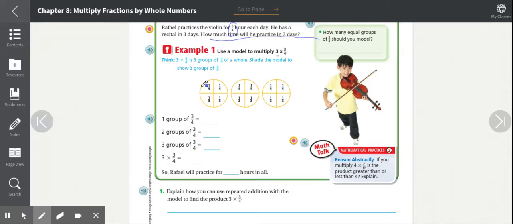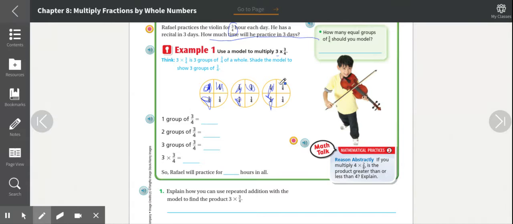So here would be day 1, day 2, and day 3. So let's shade in. On day 1, he could practice 3/4. Your shading might look better than mine. Okay. On the second day, he could do 3/4 again. And on the third day, he could do another 3/4.